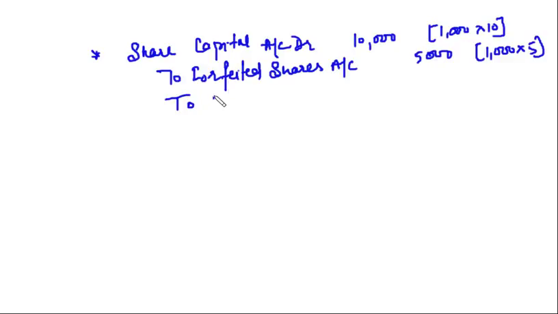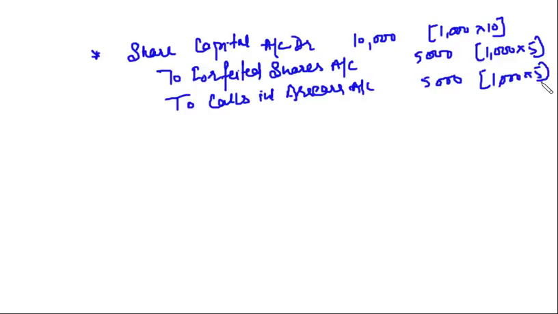And to calls in arrears account 5,000 rupees, 1,000 multiplied by 5. Isn't it? This is the journal entry you would have passed.